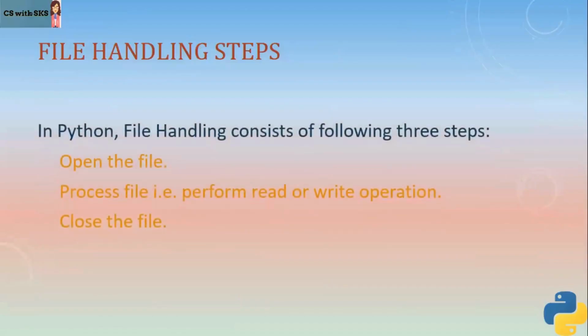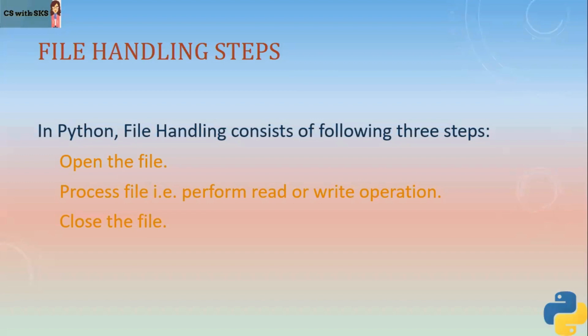Now, whenever you work with files, there are basically three steps. First, you open a file, then you perform the operation. It can be reading or writing the content. You can read a file which already has data present in it, and you can also write data into it. However, once you are done with the operation or whatever you want to do with the file, you must close it, right?